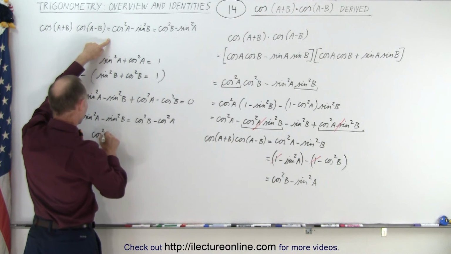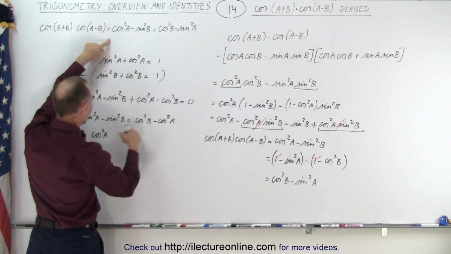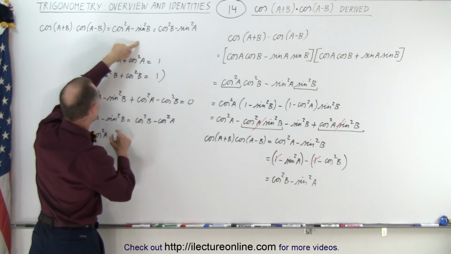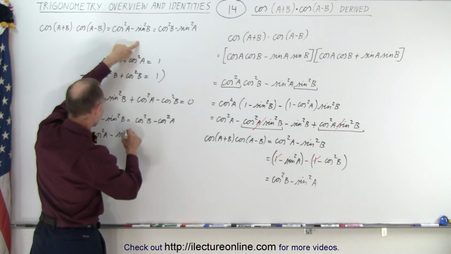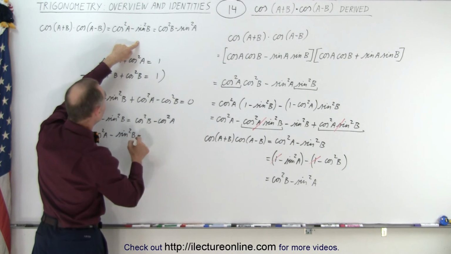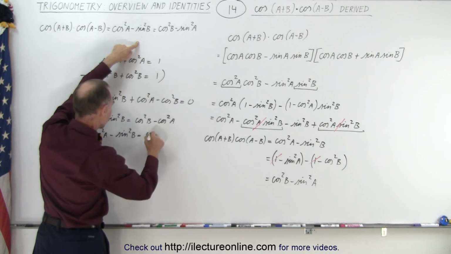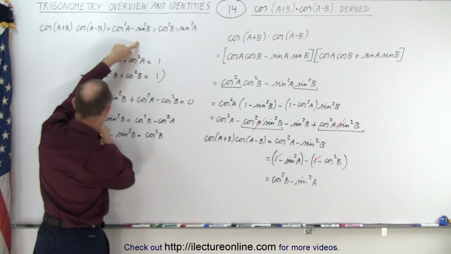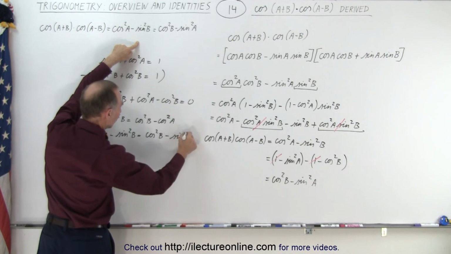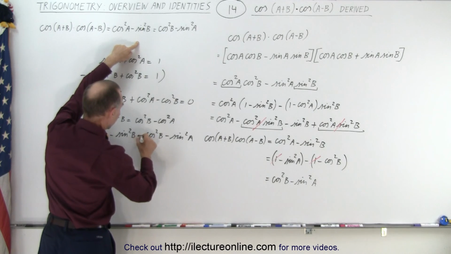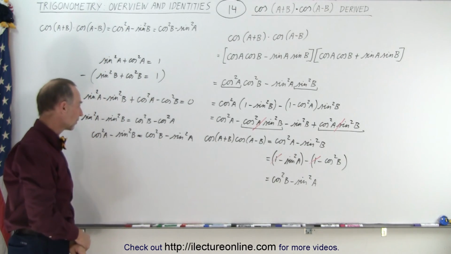So this goes to the left. Sine square of B is already there, so minus sine square of B is equal to the cosine square of B minus the sine square of A. I just had grouped them incorrectly. All right, so it does come out correct.